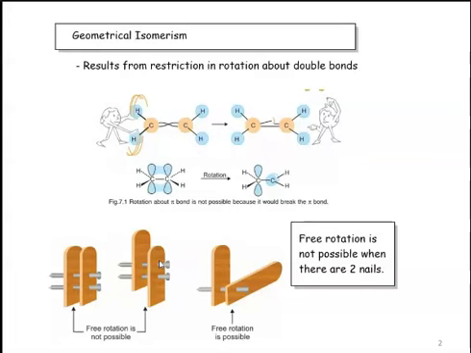It is not possible. Why? Because there are two bonds which restrict the free rotation about the double bond. Isn't it? As a result, the term restricted rotation is clear.